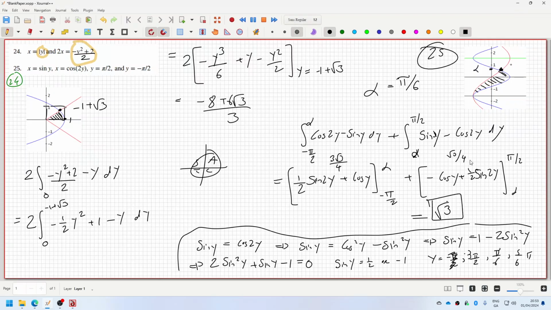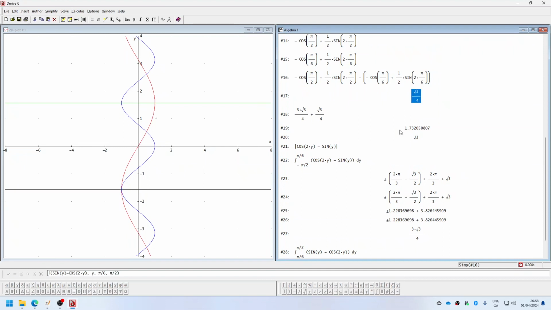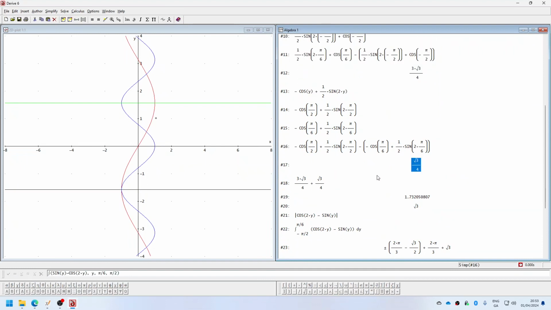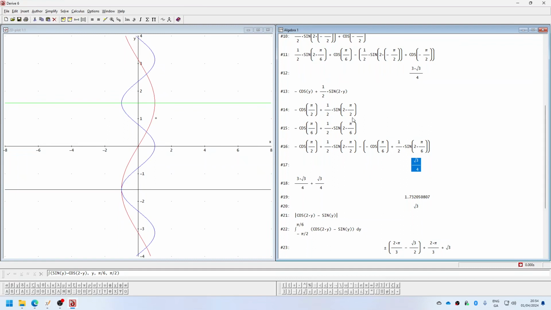Okay, so I'm doing something wrong here. But earlier I got that here, so I must be typing something in wrong. What have I done wrong? Minus cos y plus a half sine 2y, sub in pi over 2, sub in pi over 6, subtract.